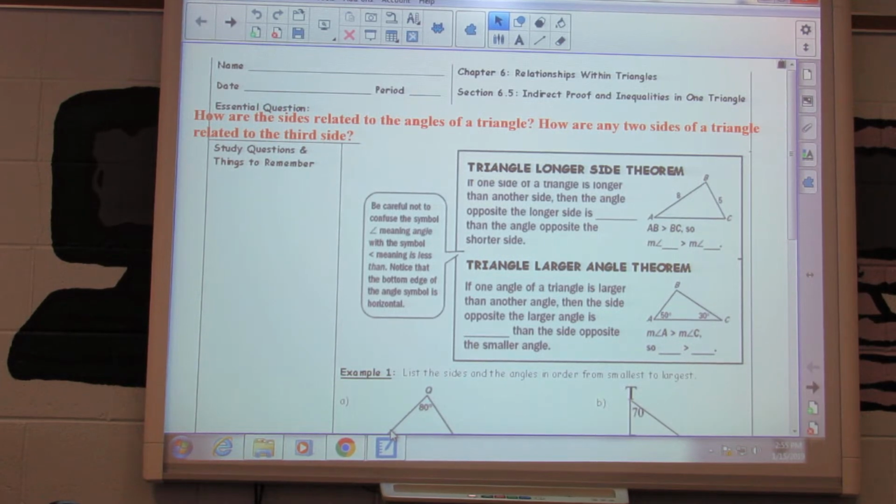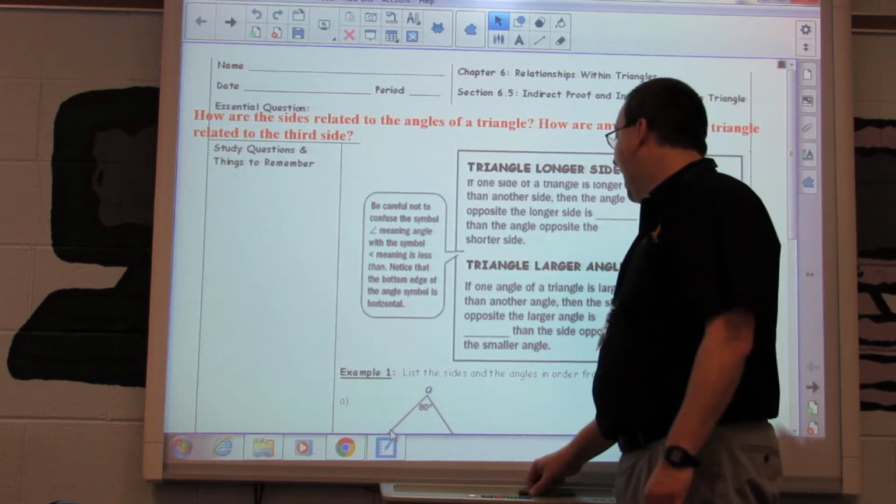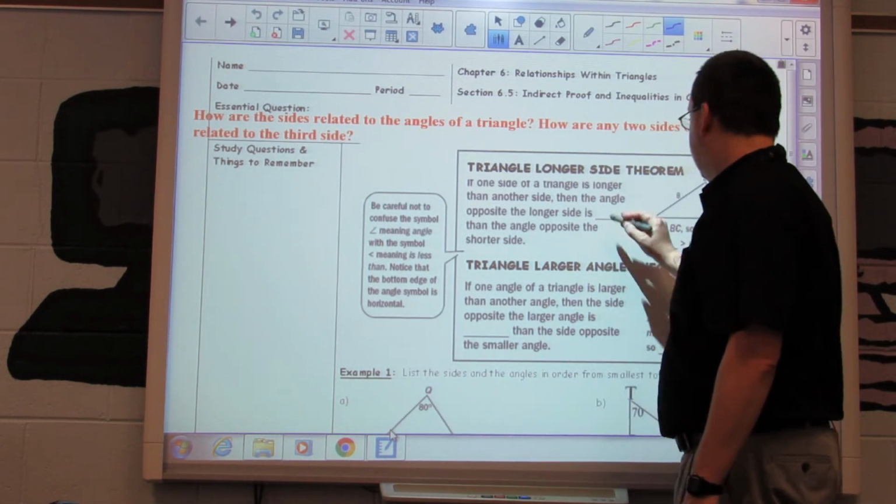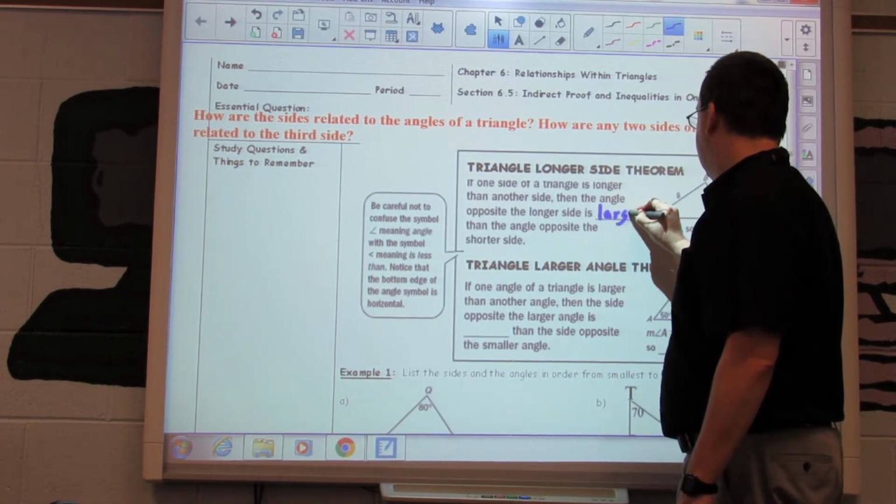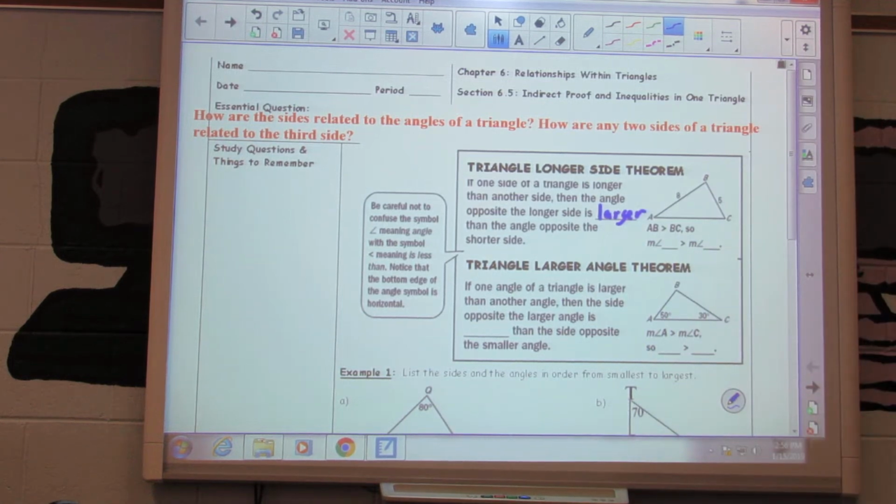Our first one, the triangle longer side theorem, says if one side of a triangle is longer than another side, then the angle opposite the longer side is larger than the angle opposite the shorter side. So when we're looking at this triangle, ABC, AB is 8, BC is 5, so clearly AB is bigger than BC, which they tell us.